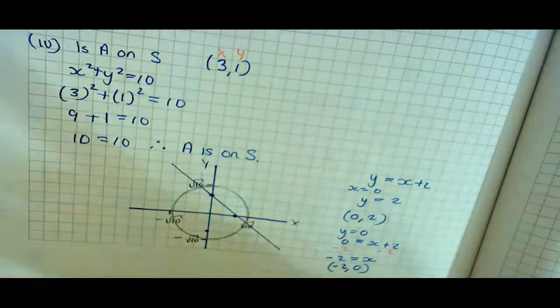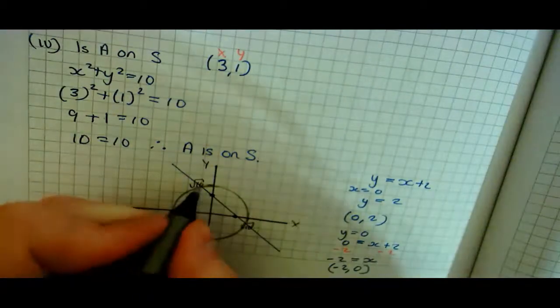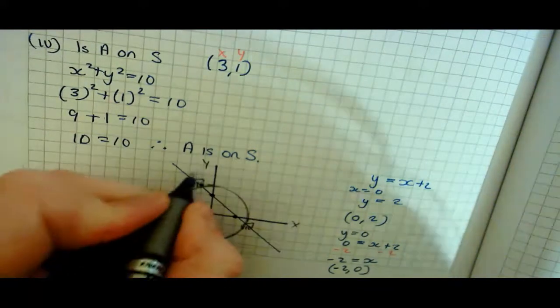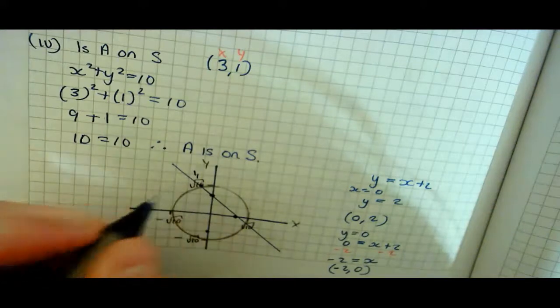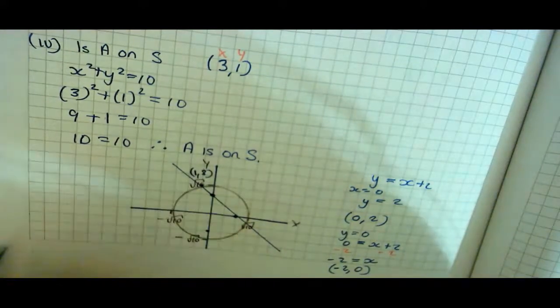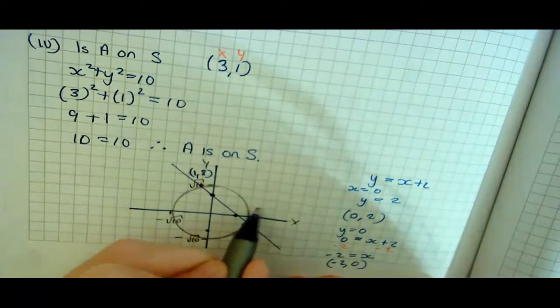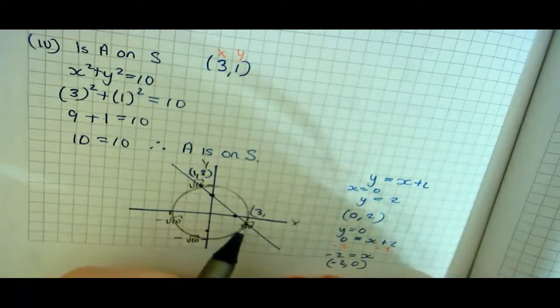So there's my line. Points of intersection, and it will be roughly there. So it's 1, 3 there roughly. And here's my other point. So it's 1, 2, 3, 1.